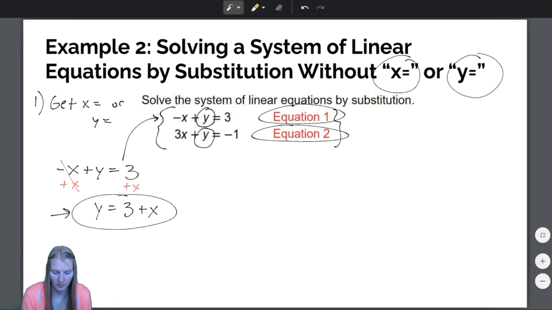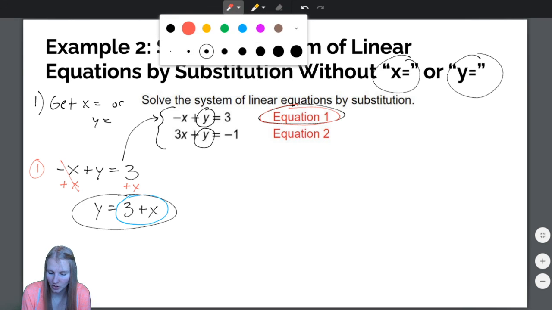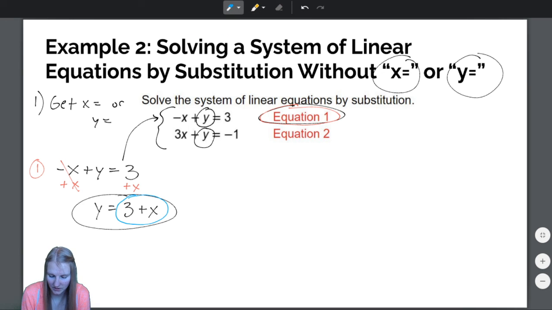Okay, so this is our equation from step 1. Now, what we're going to do is take this y equals 3 plus x, and remember that this is equation number 1, the equation that we decided to solve for. So we're going to plug 3 plus x into the other equation.